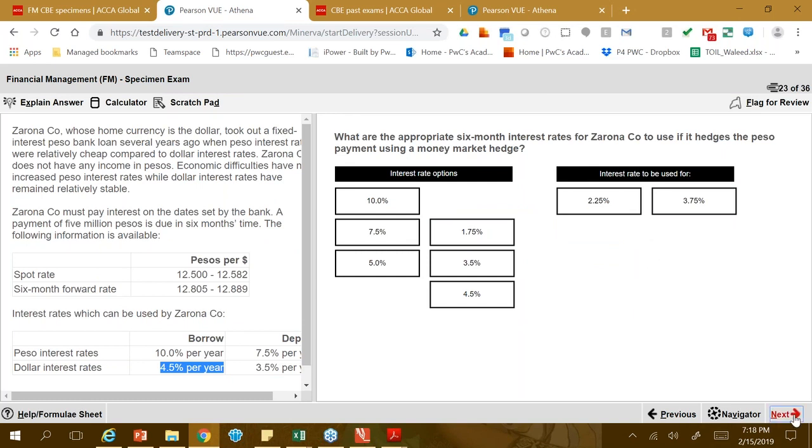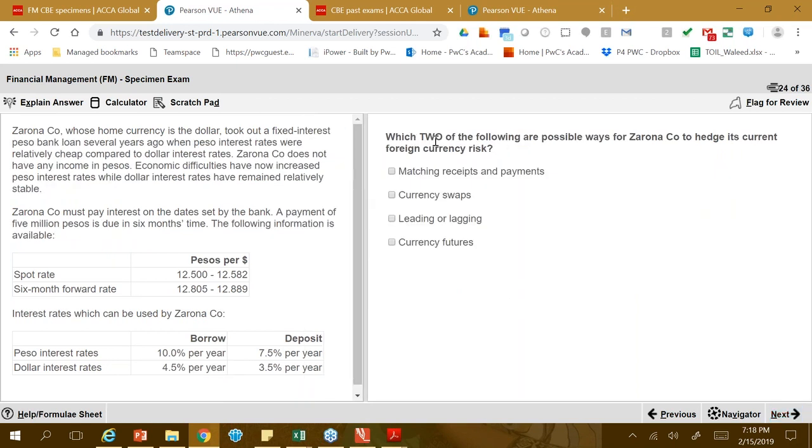The next question now, 24. Which two of the following are possible ways for Zerona to hedge its current foreign currency risk?